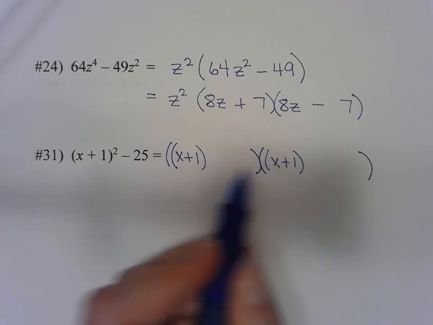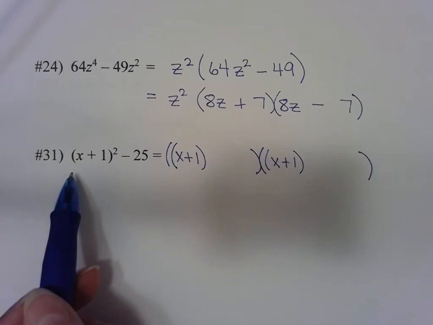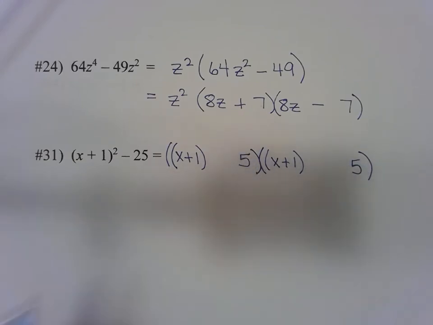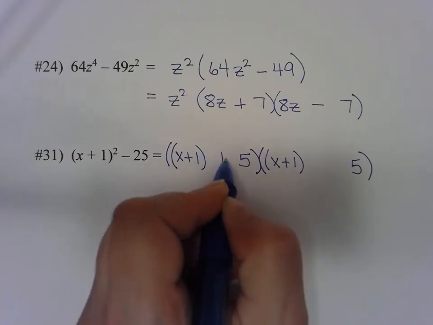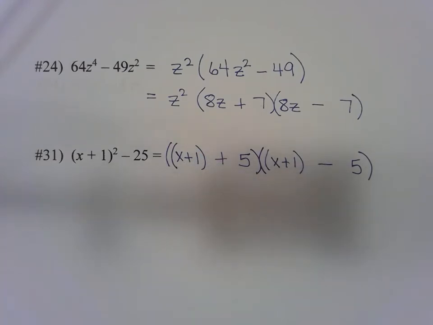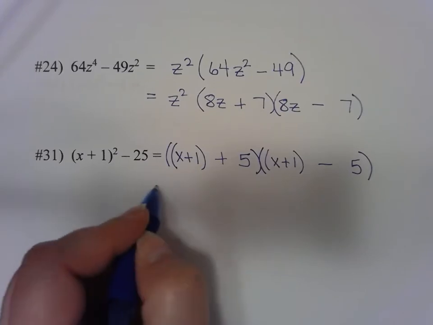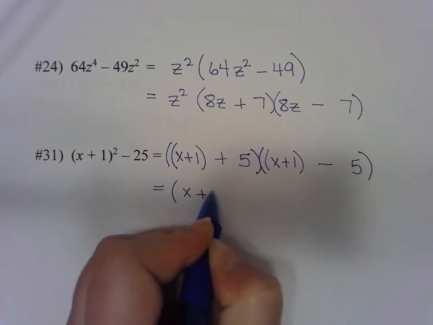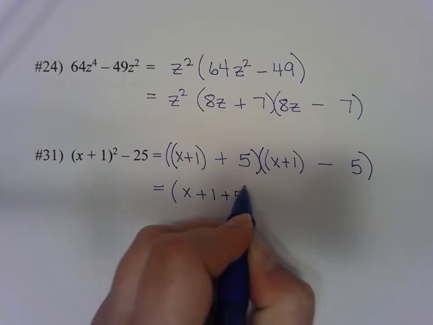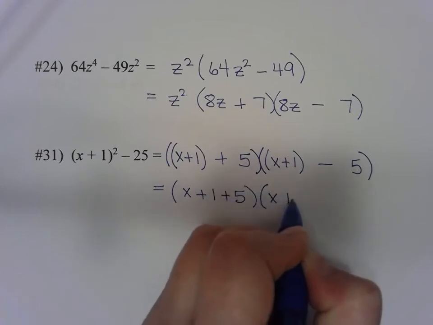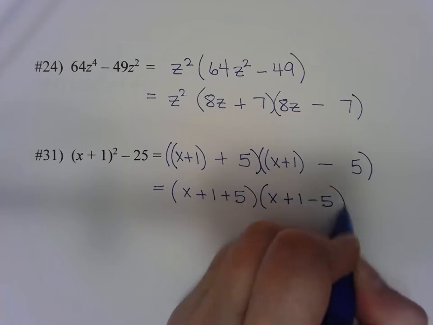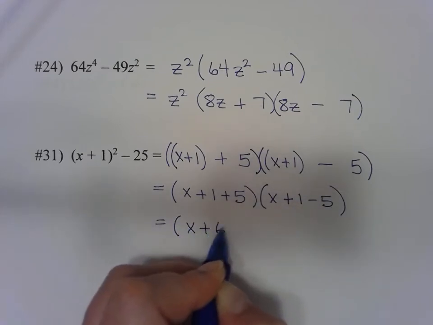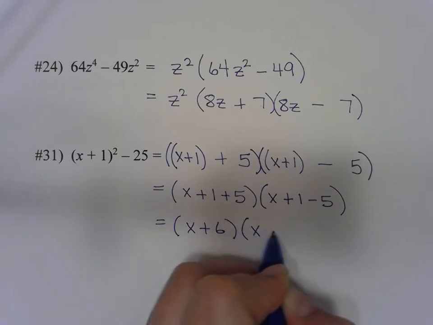Right, because x plus 1 times x plus 1 would be x plus 1 squared. In the back would be 5 and 5. One with a plus, one with a minus. But really we could calculate these. If we took off the parentheses, this is the same as x plus 6 and x minus 4.